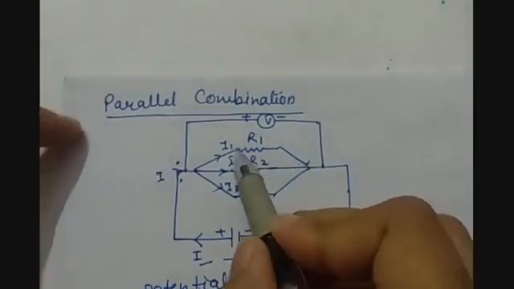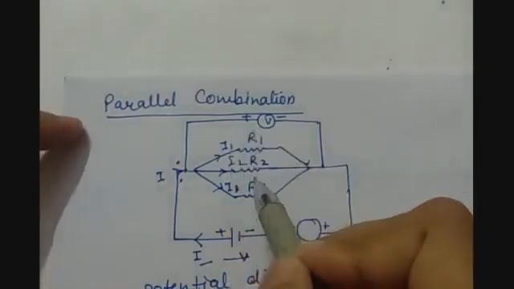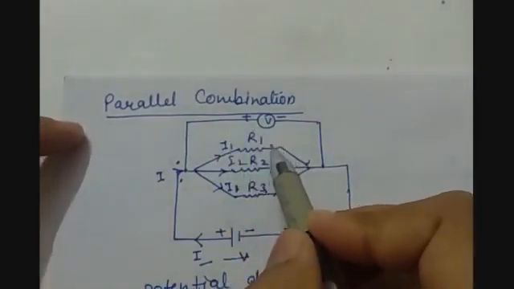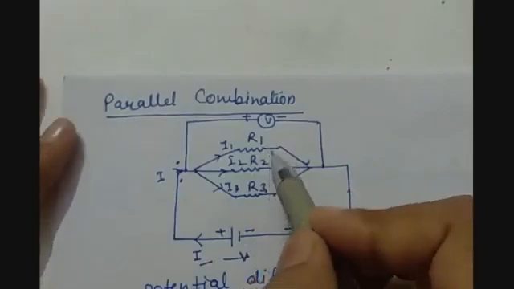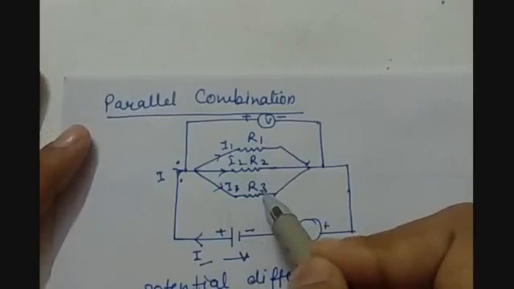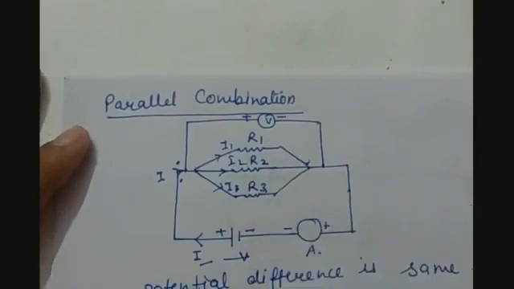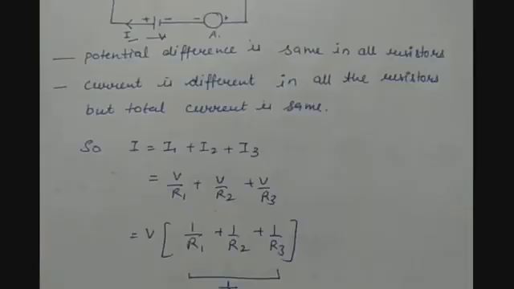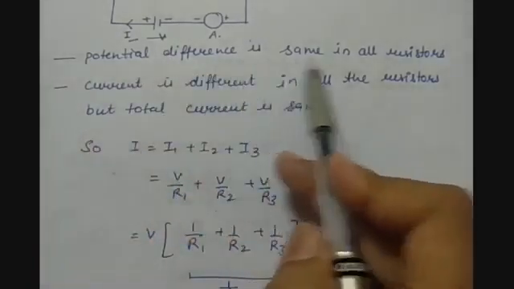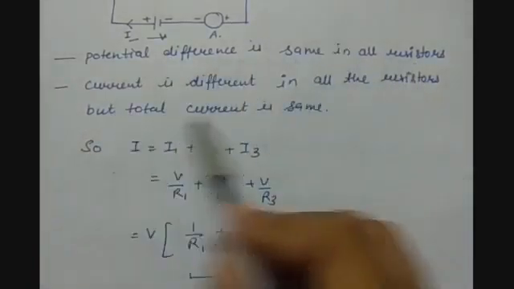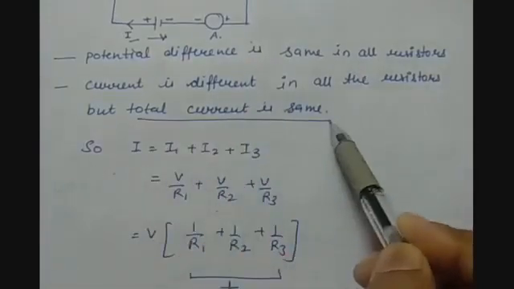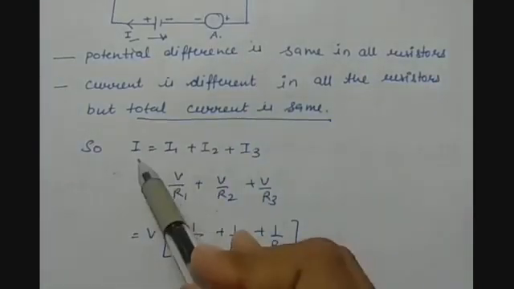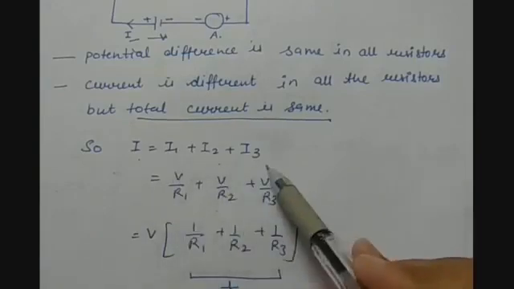But we have seen with the help of one activity that when we connect a voltmeter to each resistance, the potential difference is the same across all the individual resistors. So two points are there: the potential difference is the same in all the resistors, but the current is different in all the resistors, while the total current is the same. So we can write I is equal to I1 plus I2 plus I3.